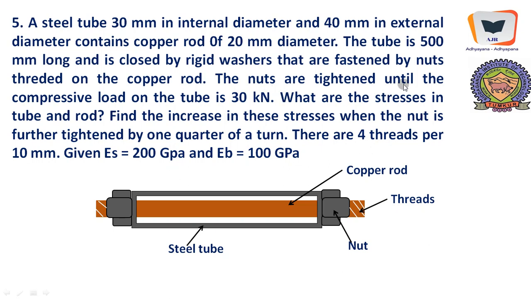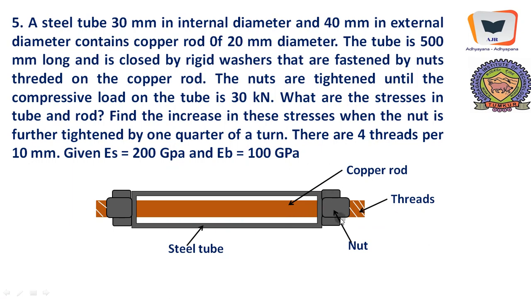The nuts are tightened until the compressive load on the tube is 300 kilonewton. Of course, the nut is attached to the threads that are made on this particular rod, and the rod goes inside this particular tube. When the nut is rotated, the rod will go for tension, while the tube will go for compression.